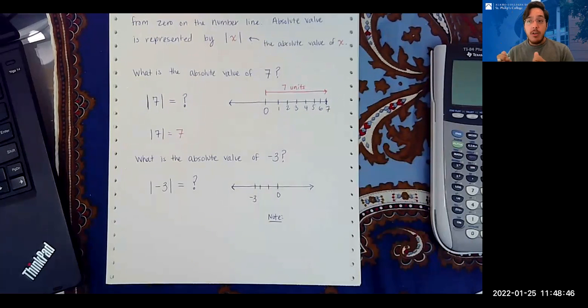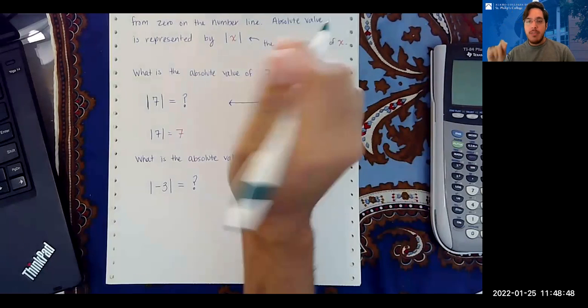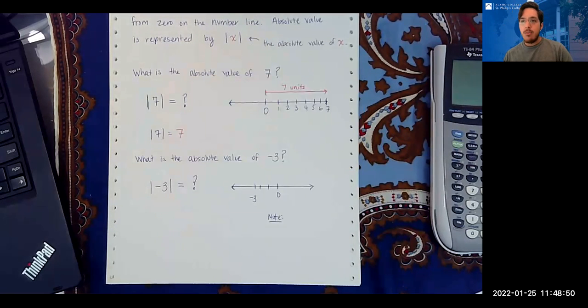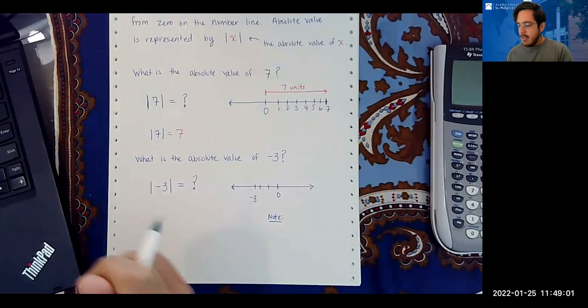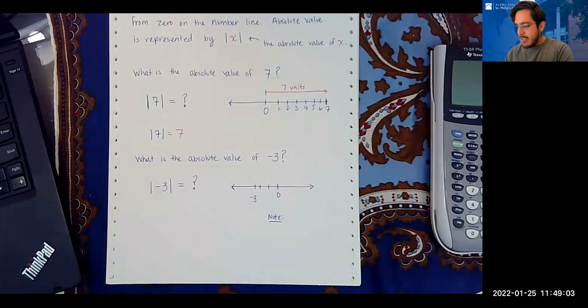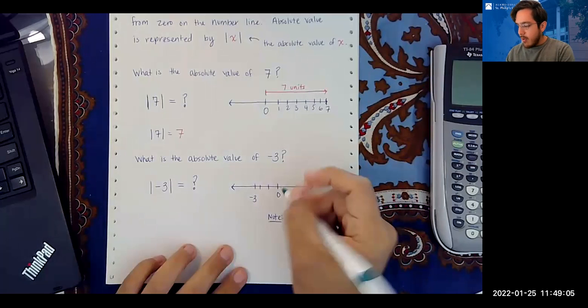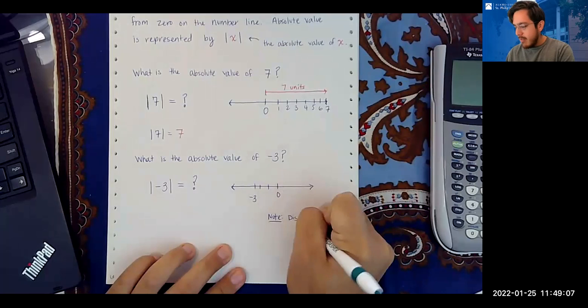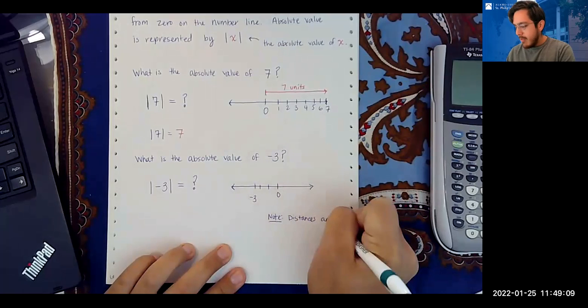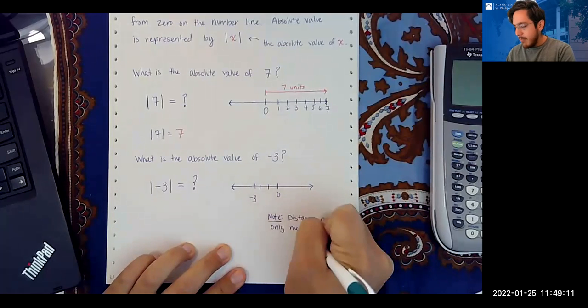So we can make a mental note: if we went 3 units to the right or 3 units to the left of 0, absolute value is not concerned with the direction or the sign of the values. It just wants to know what that distance is. So distances are only measured in positive values.